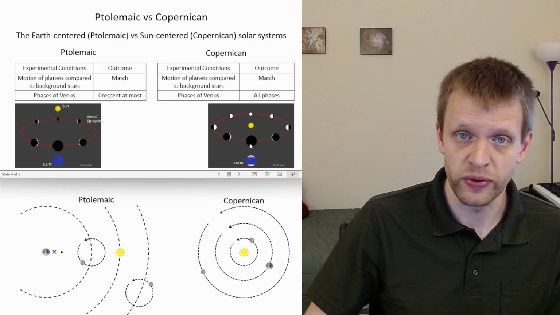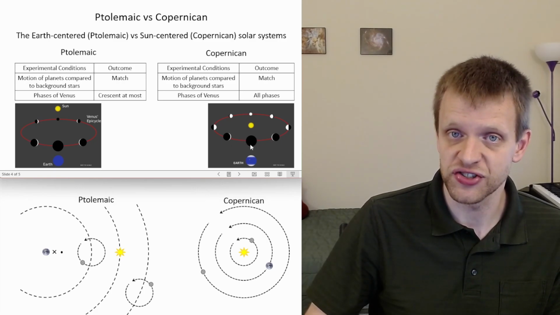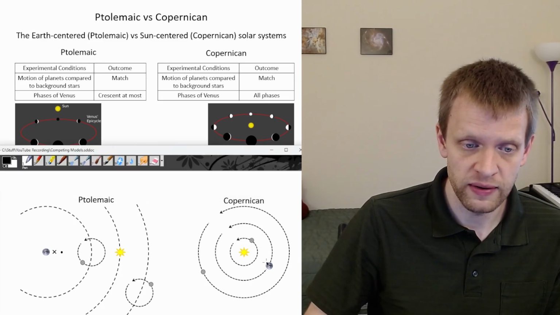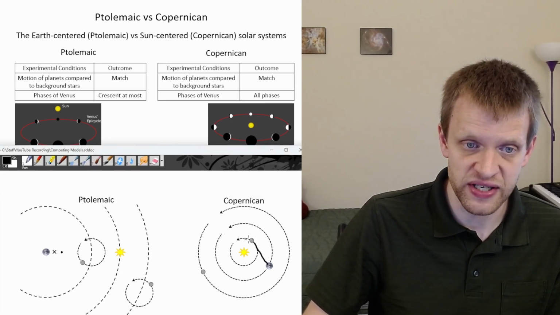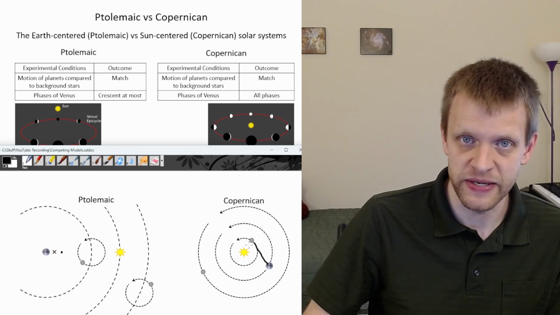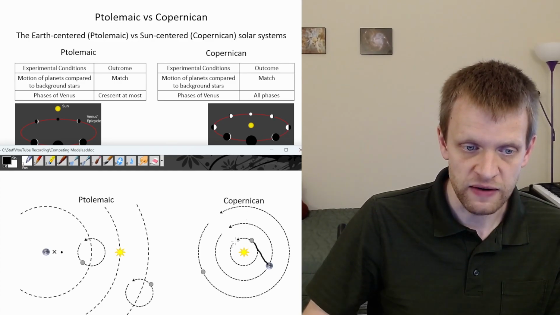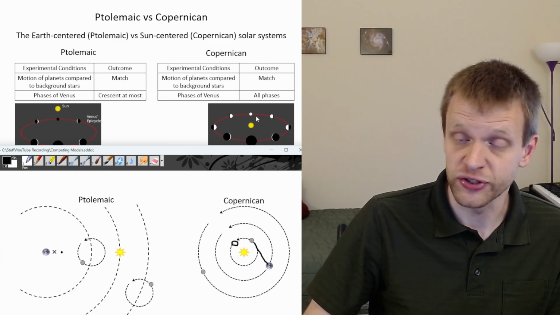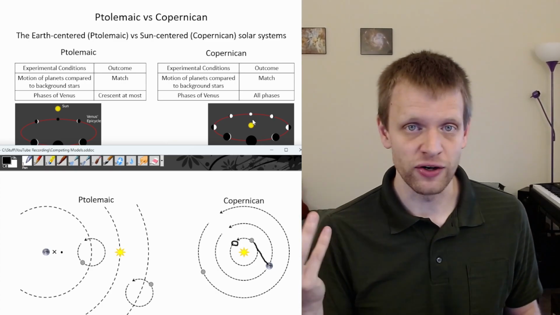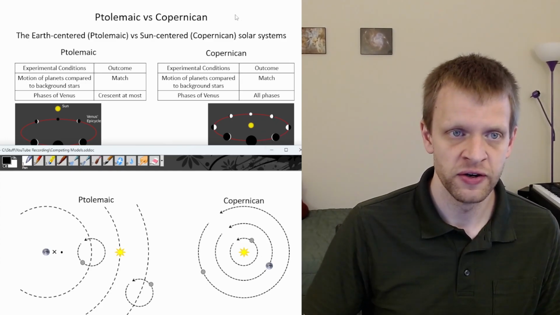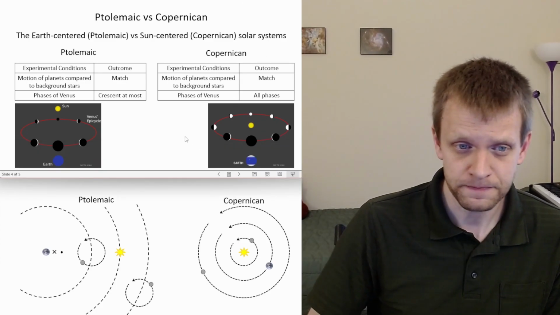Sometimes we only see the unlit side of Venus, sometimes, if Venus were at this position over here, we'd see the left half of Venus being illuminated and the right half in shadow, so that would be this phase over here. If Venus is at this part in its orbit, we should see the entire visible surface of Venus being illuminated. We would get that full set of different phases.